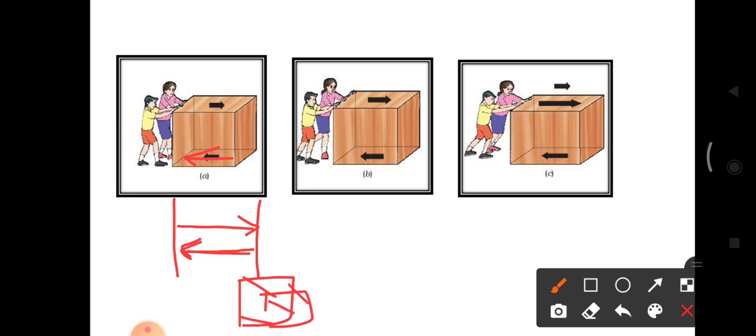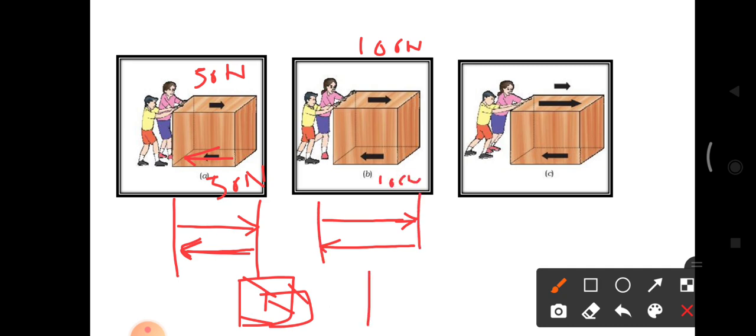And look at the second diagram. In the first diagram, if you applied 50 Newton, the frictional force is also 50 Newton. If I increase the applied force from 50 to 100 Newton, the frictional force also increases from 50 to 100.